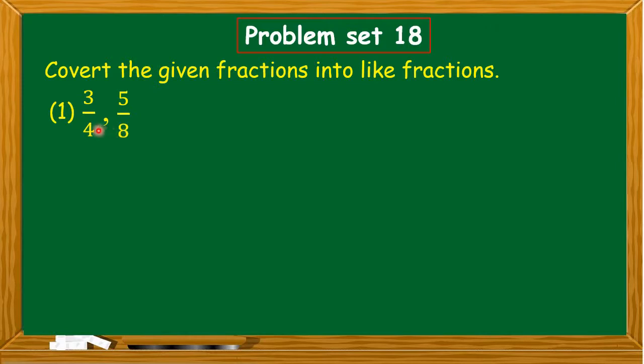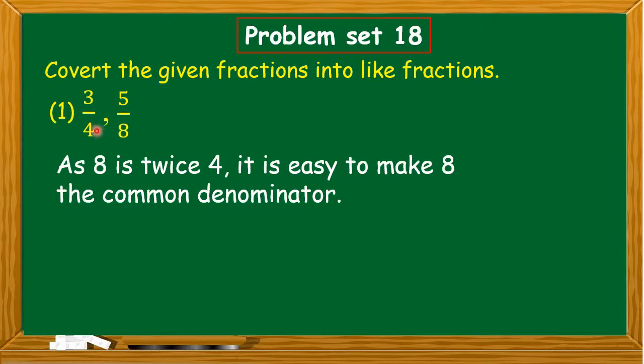Now, look at these denominators. As 8 is twice 4, it is easy to make 8 the common denominator. So, to make the common denominator 8, we have to multiply the first fraction 3 upon 4 by 2. And hence we get 6 upon 8.